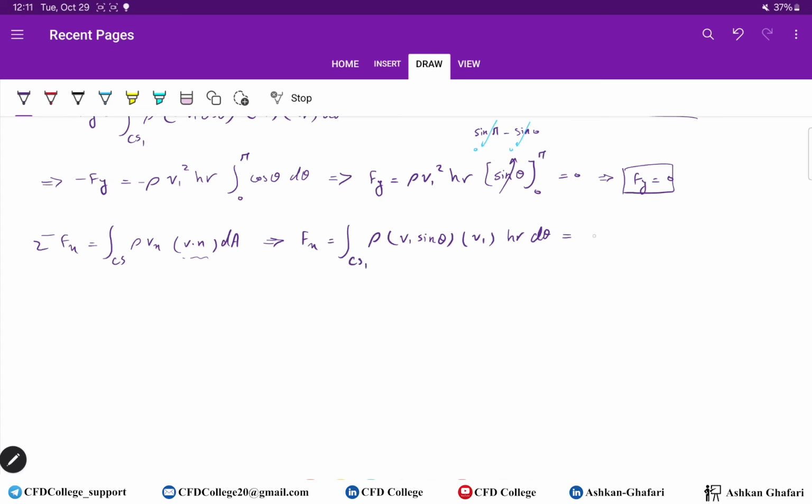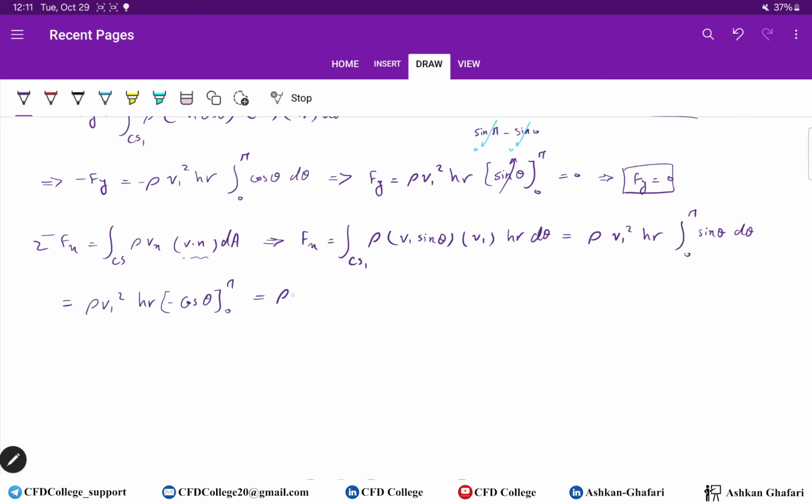dA is the same, so h r d theta. It's equal to rho V1 square h r, integral of sine of theta d theta from 0 to pi, equals rho V1 square h r, integral of sine is minus cosine from 0 to pi.